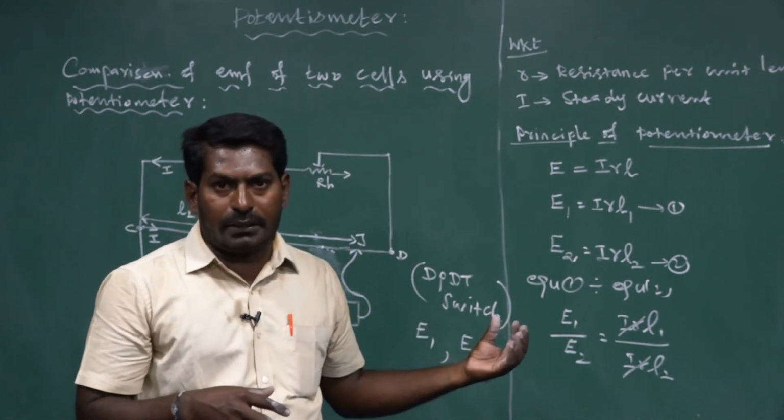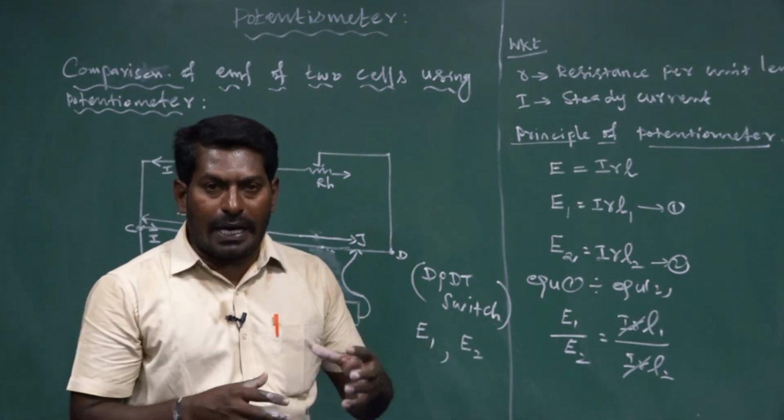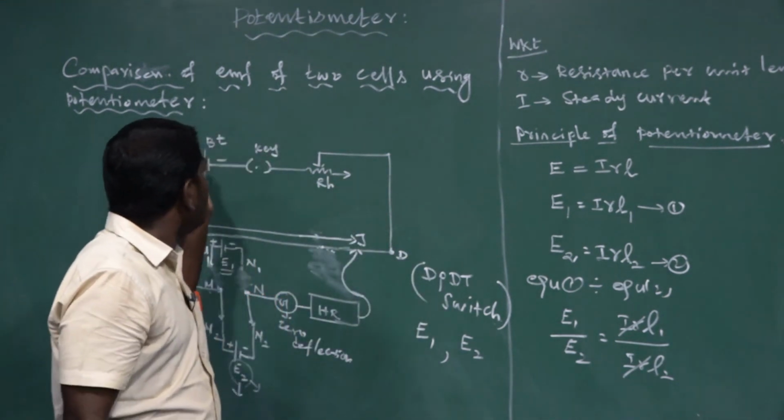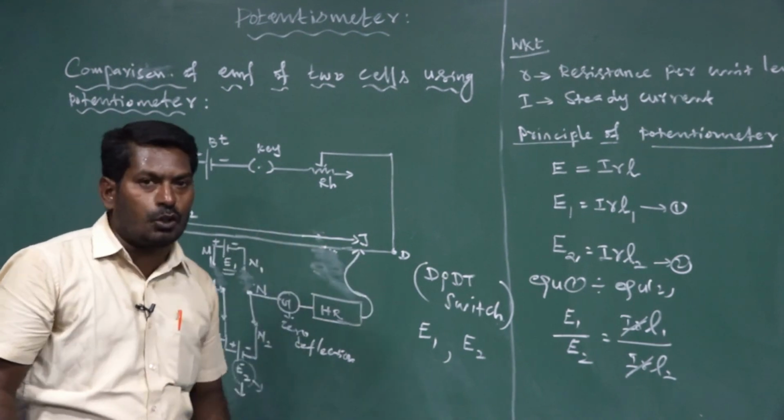The principle of the potentiometer is that the EMF of the cell is directly proportional to the balancing length, and one of its applications is the comparison of the EMF of two given primary cells using a potentiometer.